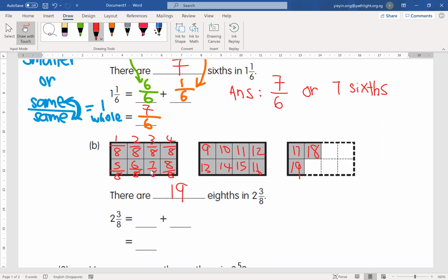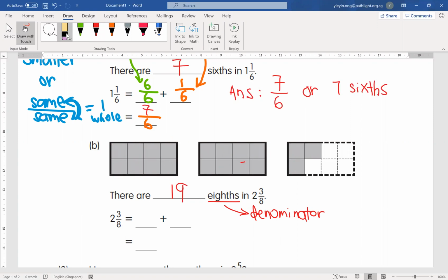Okay, I do not need to write the denominator, which is 8, because this 8 represents the denominator already. Okay, so this is how I count how many eighths there are, or I can write it in an equation form. So I know that one whole is 8 out of 8 because there are 8 shaded and 8 total.